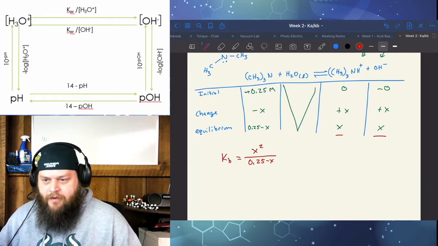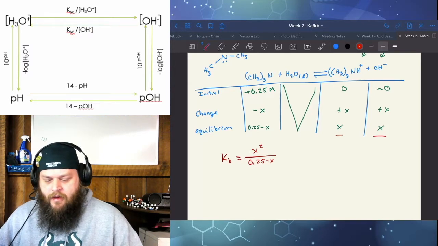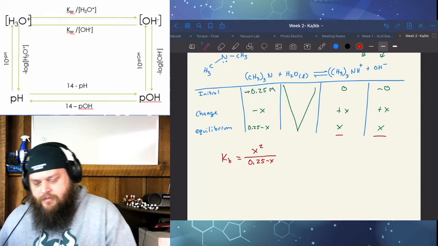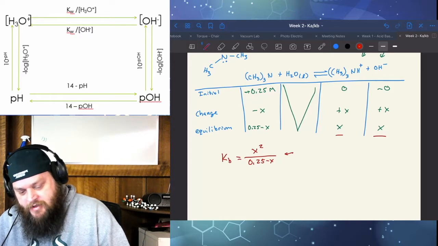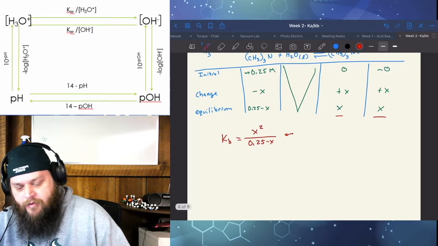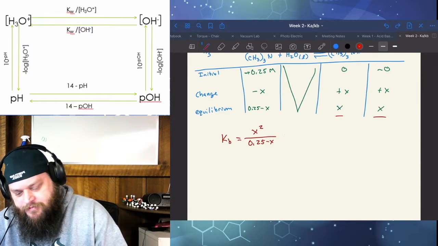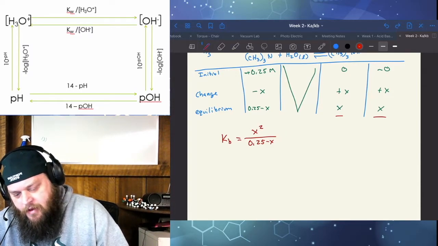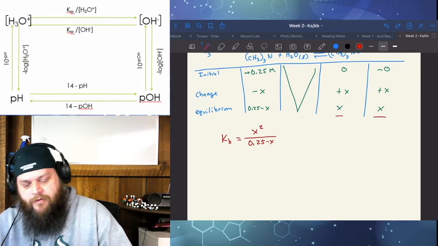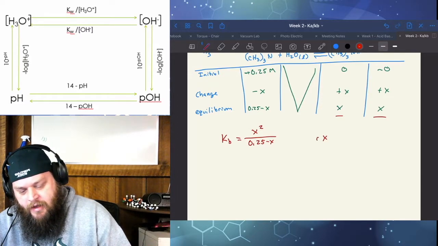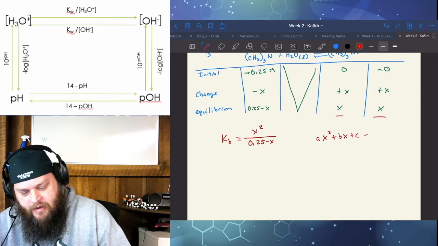And now we have this state where we can't just solve for X really easily. We have to break it down into a quadratic equation. For the quadratic equation, we need it in an ax squared plus bx plus c equals 0 format.